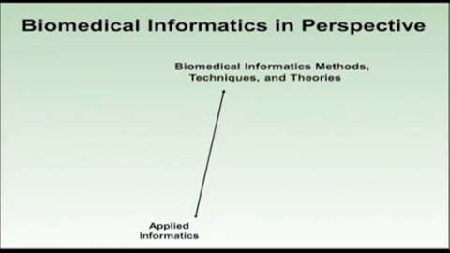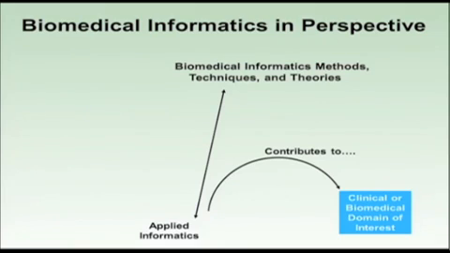So I showed you this diagram many times, the notion of the methods at the top of the diagram, the applications at the bottom. All of us in this field are interested in some aspect of applied informatics. We're trying to solve problems that we see in the clinical or biomedical domain that interests us. And when we find those problems, they inspire us to work on a solution.